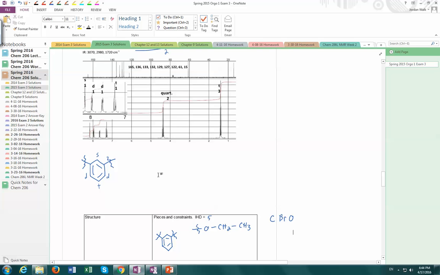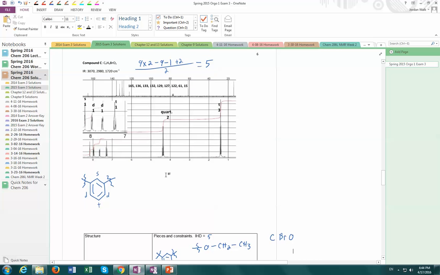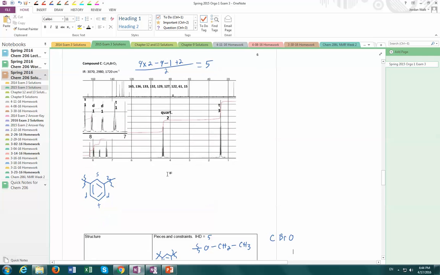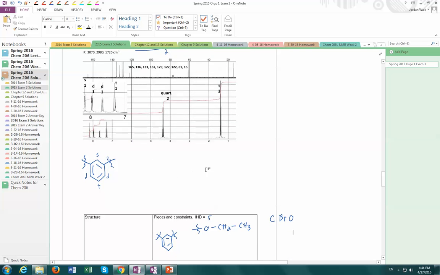Interesting. Okay, so we also have a unit of hydrogen deficiency left. There's not a lot of ways we could really do this, right? I had it as a carbonyl and then a bromine. Yeah, the only way we could add a unit of hydrogen deficiency here is going to be a double bond between carbon and oxygen, right?